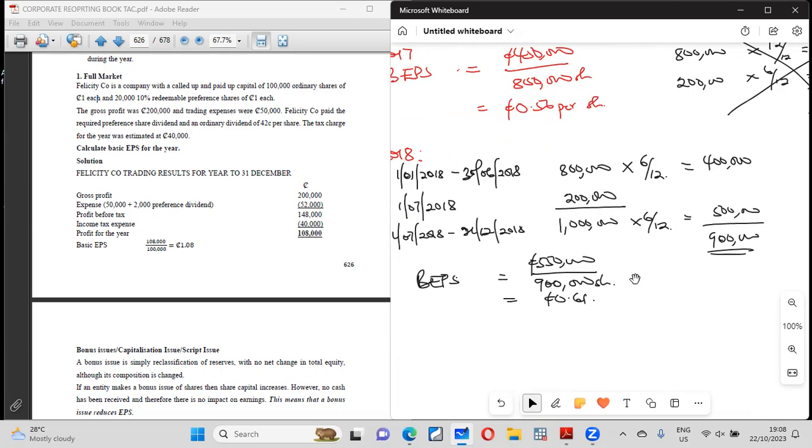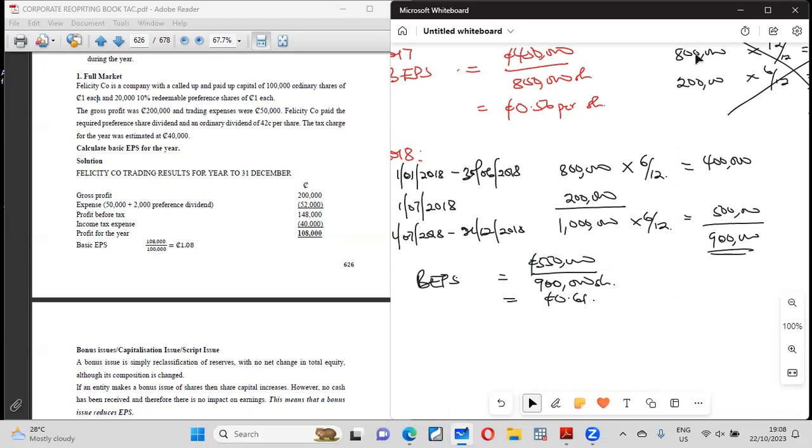Because when there is a rights issue, it will be based on this, or maybe this, depending on the question. So please follow this path that I'm giving you. So 800,000 existed for 6 months before there was an issue. Then on the day of the issue, you bring in the issue, you add to make 1 million, then you do the remaining months in the year.